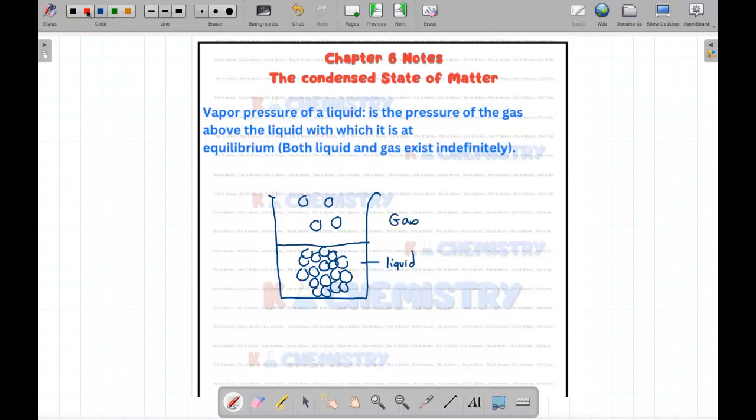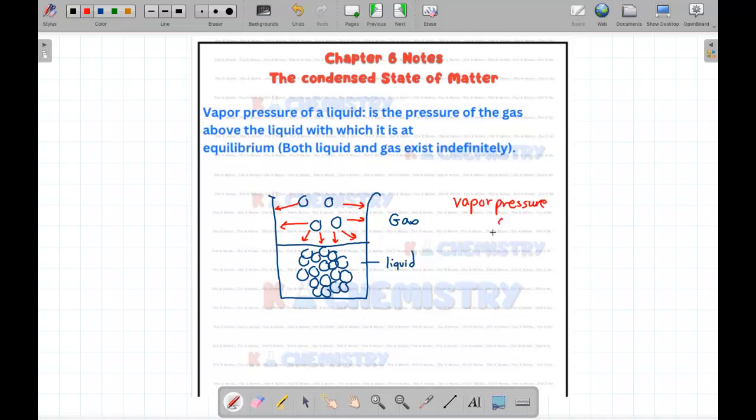Whether this container is closed or not, these particles will collide with the walls of the container from inside. And as we took in the chapter of gases, the pressure of the gas is due to the collision of its particles with the walls of the container. So the pressure of this gas will be known as the vapor pressure of the liquid.